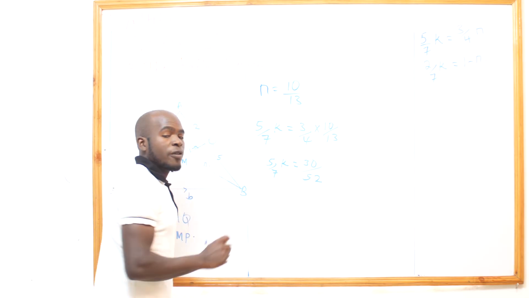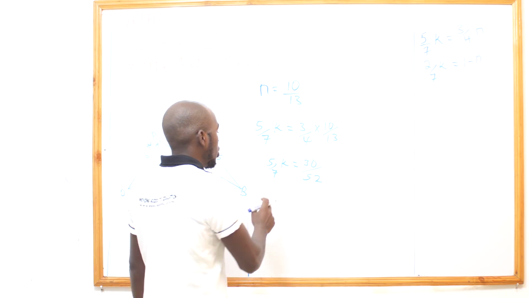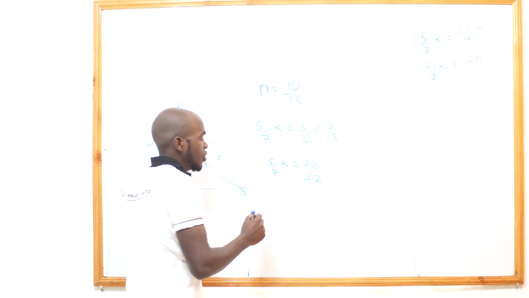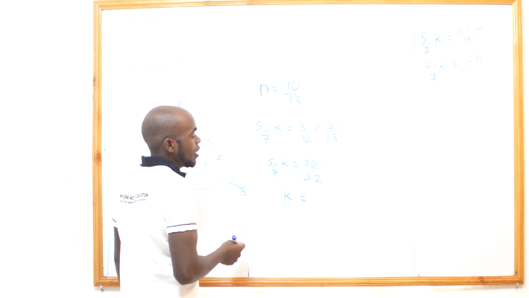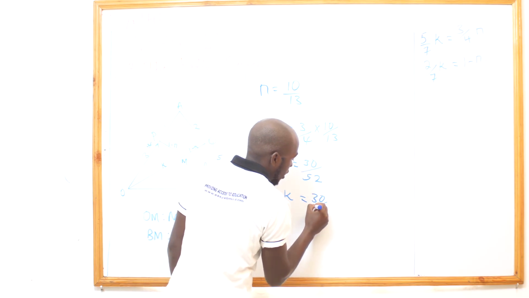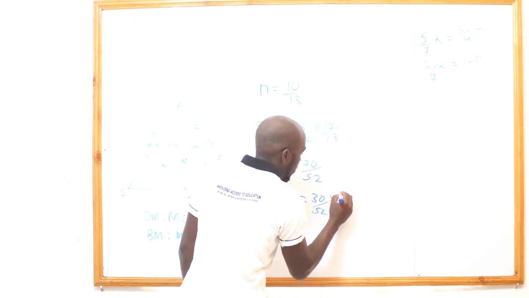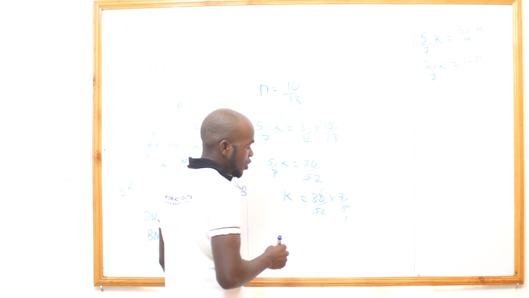Now to get the value of k, we are going to multiply both sides by 7 over 5, the reciprocal of the coefficient of k. So we shall have k equals to 30 over 52 multiplied by 7 over 5.